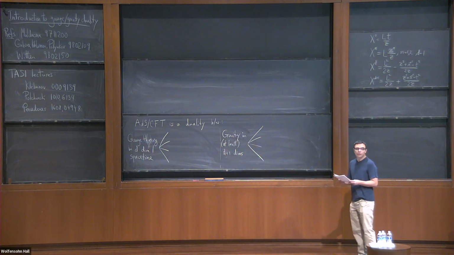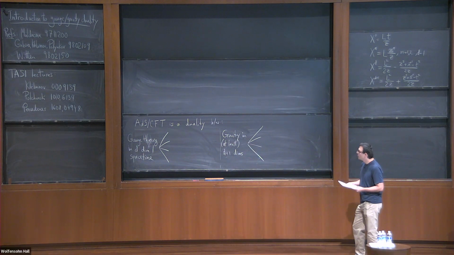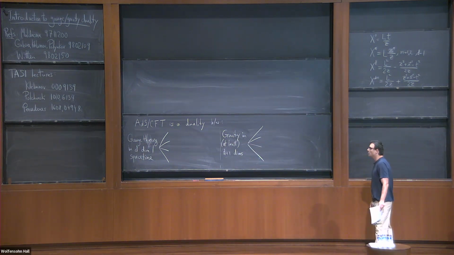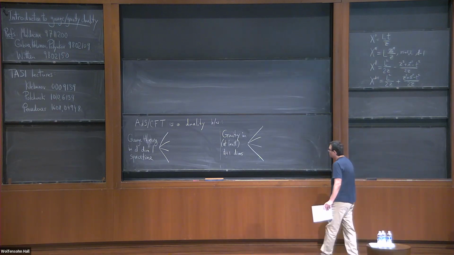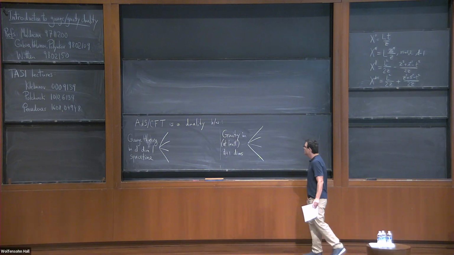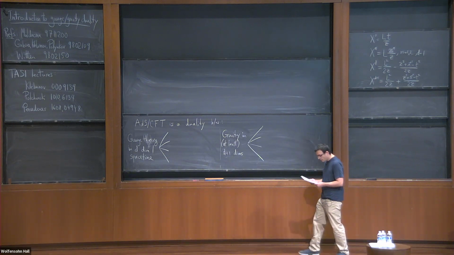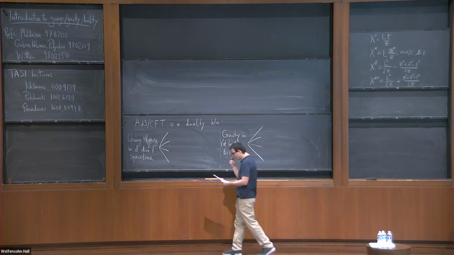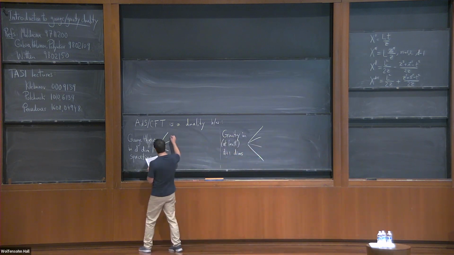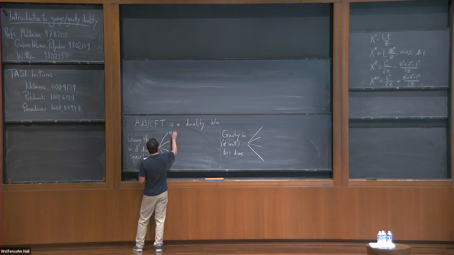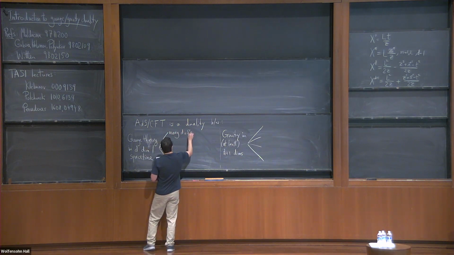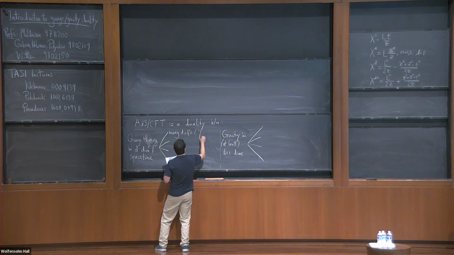So the gauge gravity duality is a duality between gauge theory in d-dimensional space-time and gravity in at least d+1 dimensions. It's not any gauge theories. The gauge theories have various properties. One of the properties is that there are many degrees of freedom, sometimes referred to as large n.